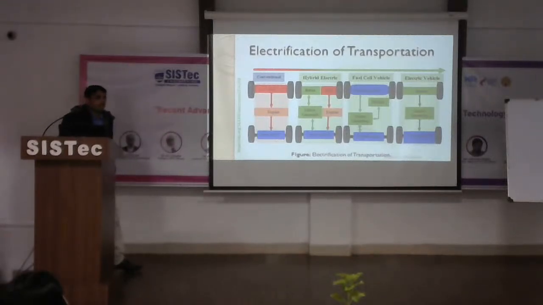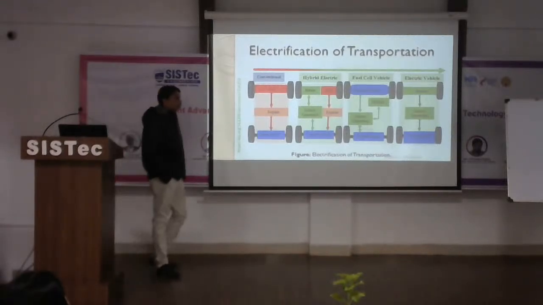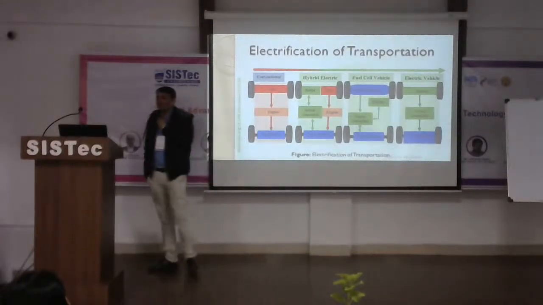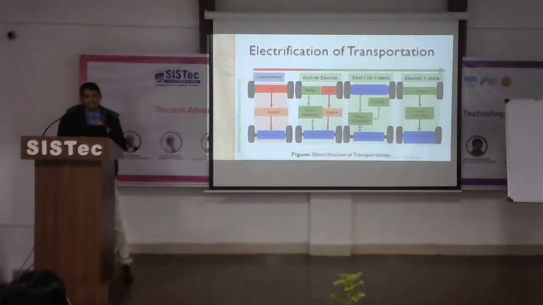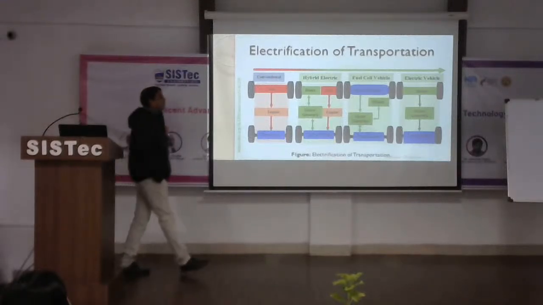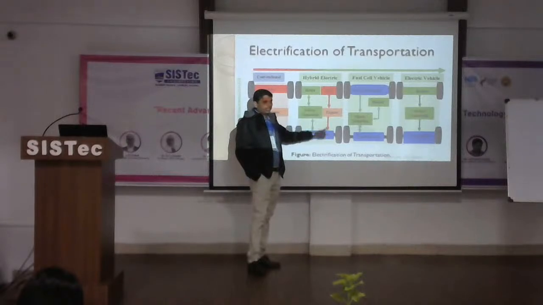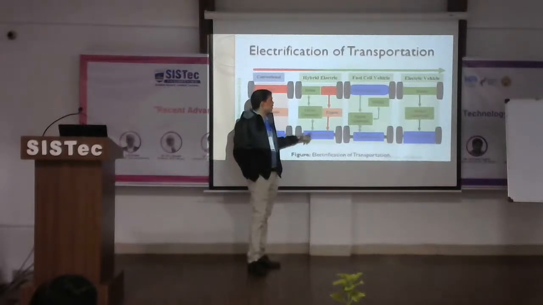Now in the hybrid electric vehicle, we are using both systems, the IC engine as well as the electric system. So the IC engine and electric system have an advantage. It will provide propulsion by this IC engine and this battery operated system as well. So what is the advantage? If you require more thrust, we can use both the things.